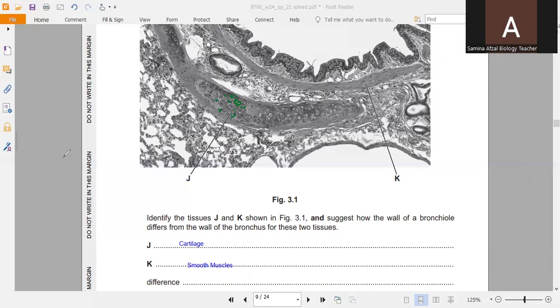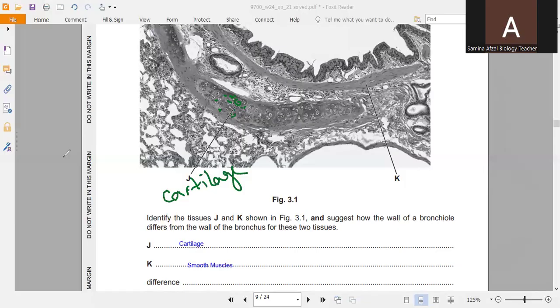Just like bone, but it doesn't have calcium deposits inside, so it is more flexible in comparison to bones. So J is cartilage.